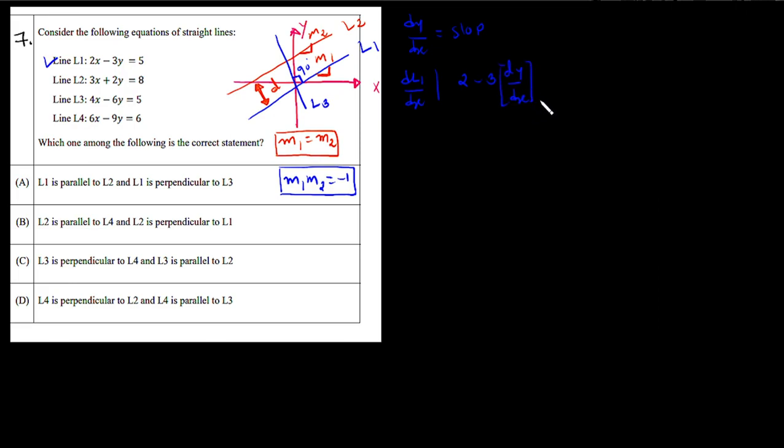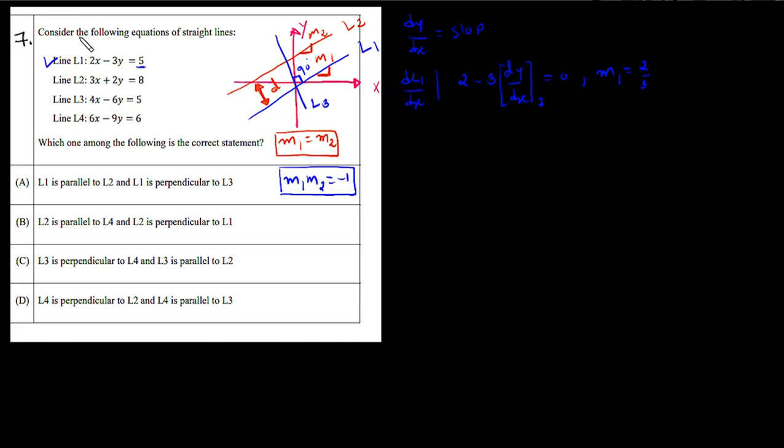Let's put a 1 here to distinguish it from the other slopes. This 1 corresponds to the first line, and on the right hand side we have to put 0, because we have the constant number 5, and the differentiation of a constant is 0. So let's replace dy by dx with m1, where m1 is the slope of the first line. So I can say the slope of the first line is 2 by 3.